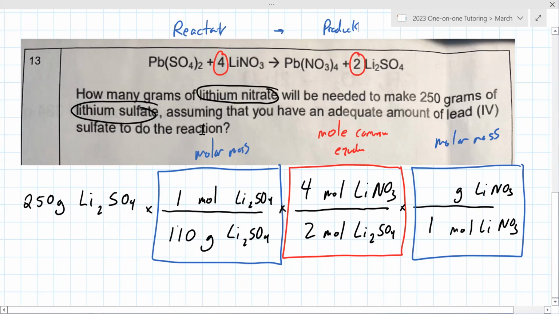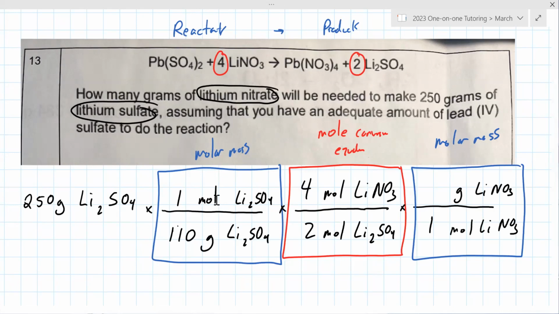So you can't work directly in grams. That's why you always convert grams to moles. Yeah, that makes sense.